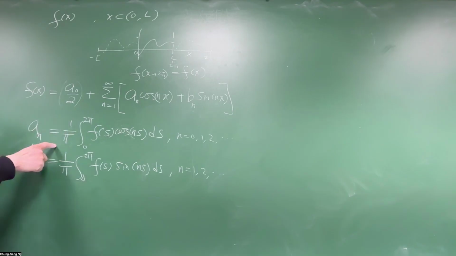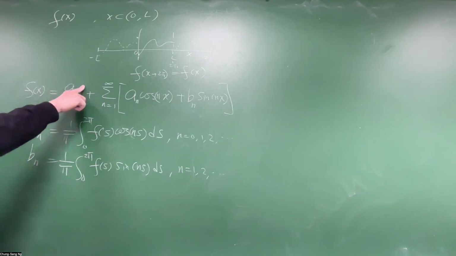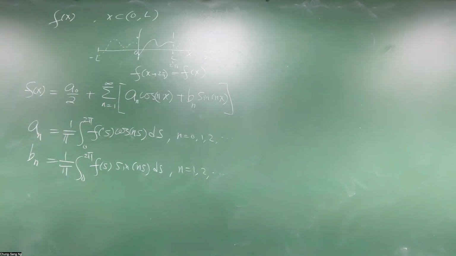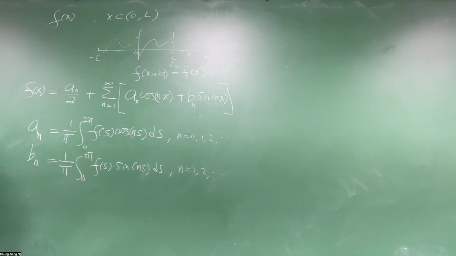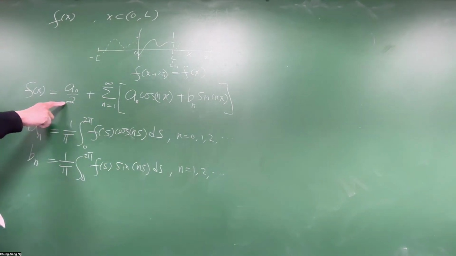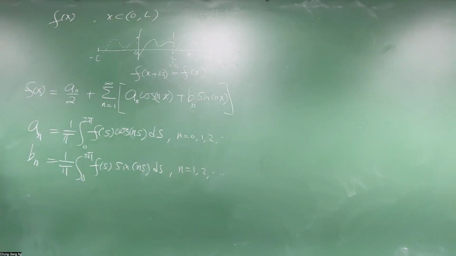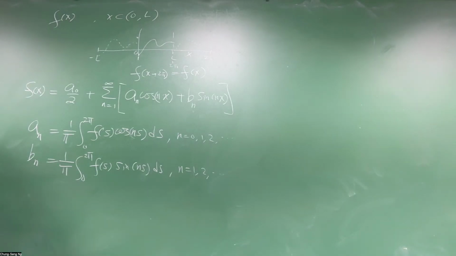So you have a 1 over 2 pi. So this is the formula for calculating the coefficient, which will be different from the n equals 0 term if you do it like that. But the text will take the convention of writing the coefficient like that. Okay, that might be a little convenient.